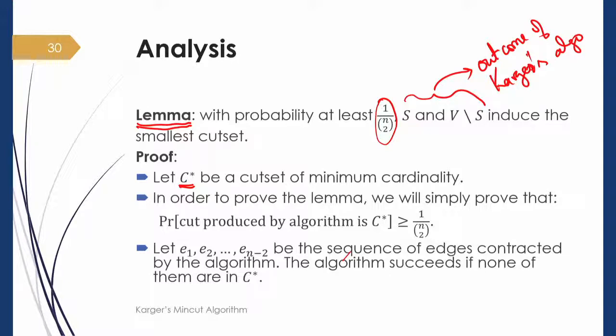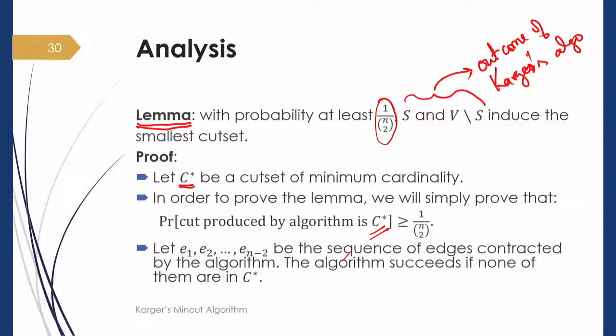We will prove that the probability of the cut produced by the algorithm, this S and V minus S, actually corresponding to the cut set C star, is itself greater than 1 over n choose 2. Now, if there are other cut sets, naturally the probability with which the algorithm will find one such minimum cut set is only going to be increased.